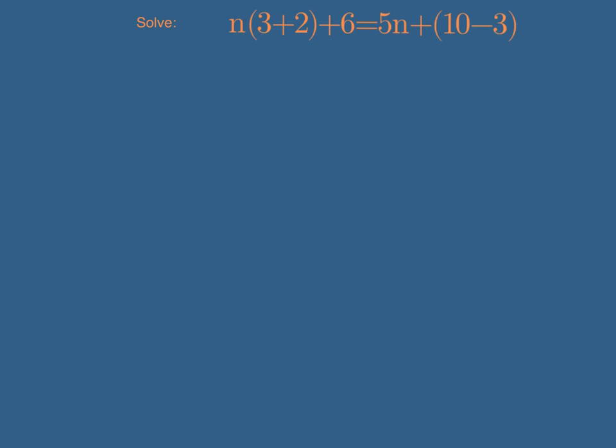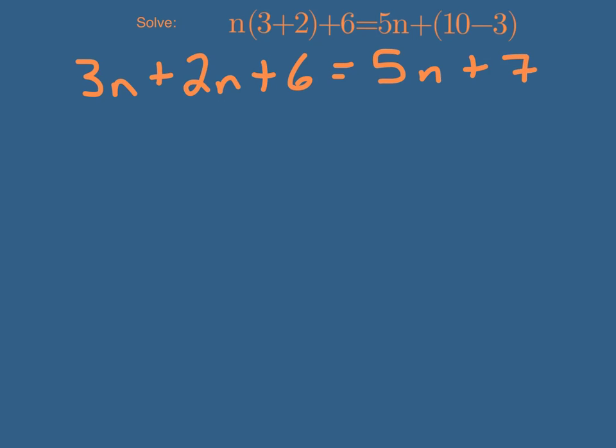Alright, here's another example that we're going to do. We have n times (3 plus 2) plus 6 equals 5n plus (10 minus 3). On the left side, we're going to distribute the n to the 3 and the 2. Well, 3 times n will give us 3n, plus n times 2 would give us 2n, plus 6 equals 5n plus, and in the parentheses, 10 minus 3 would give us 7.